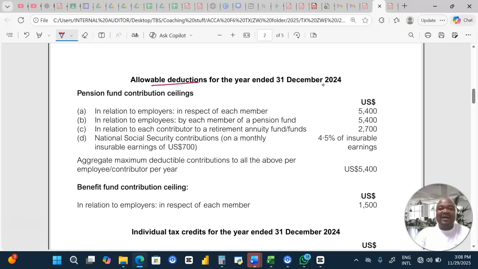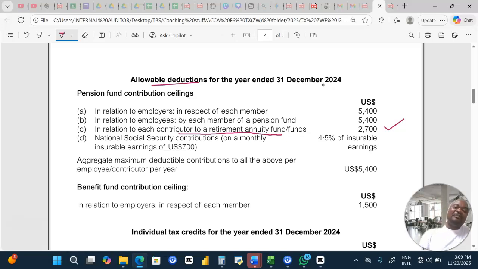So the RAF, are they here? In relation to each contributor to a retirement annuity fund, the maximum allowable deduction should be 2,700.